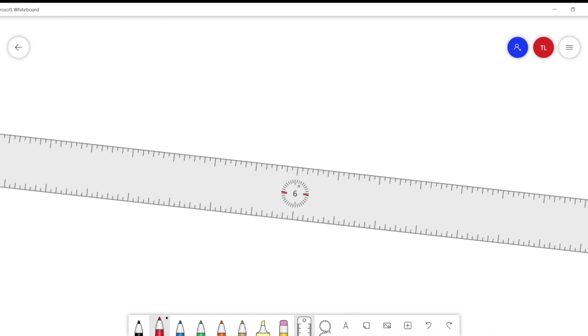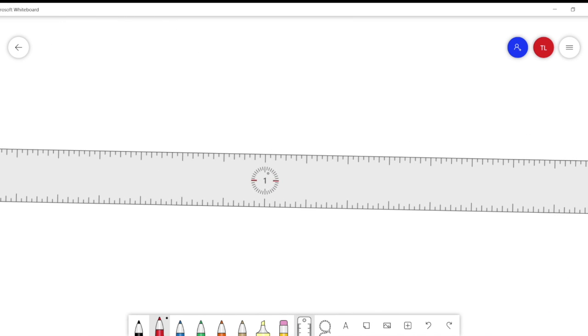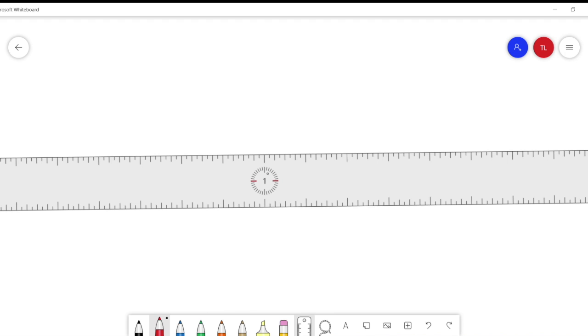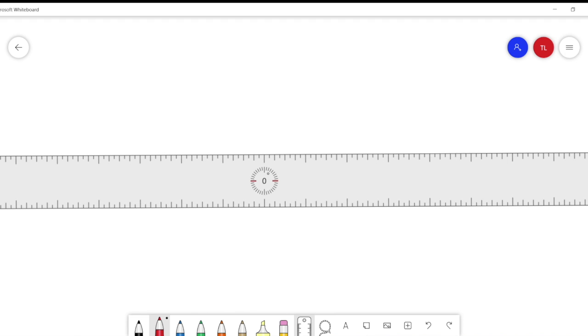Now, the other one, I wish it wasn't in red.